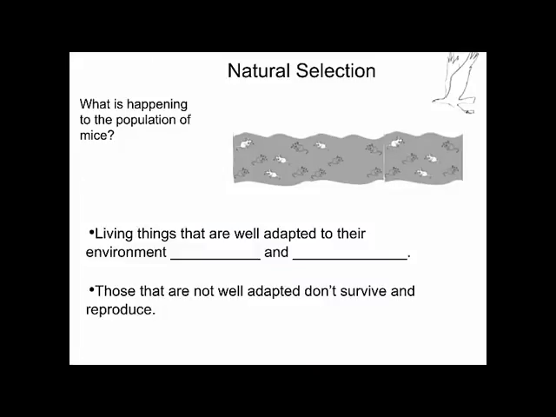And so the question becomes, how does this happen? How could this wolf-like, bear-like creature over millions of years end up being a whale? Or how could this wolf-like creature turn into the dogs that we have in our homes? And it happens through this process that we call natural selection.